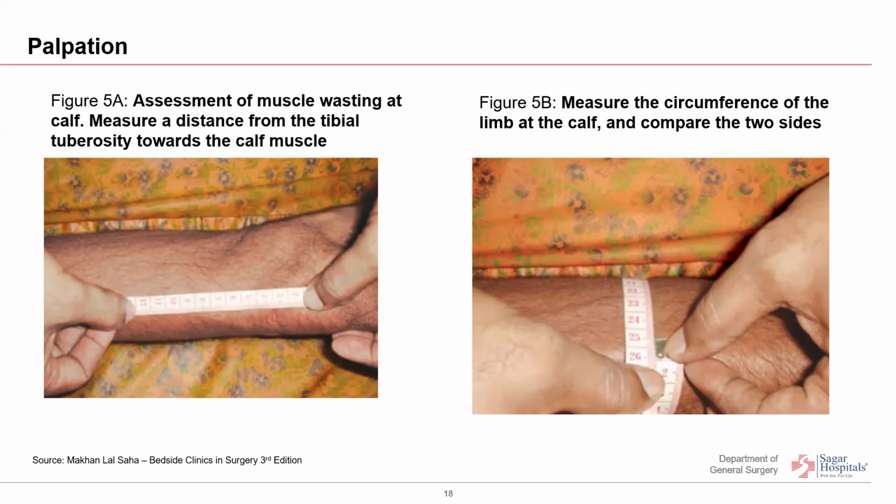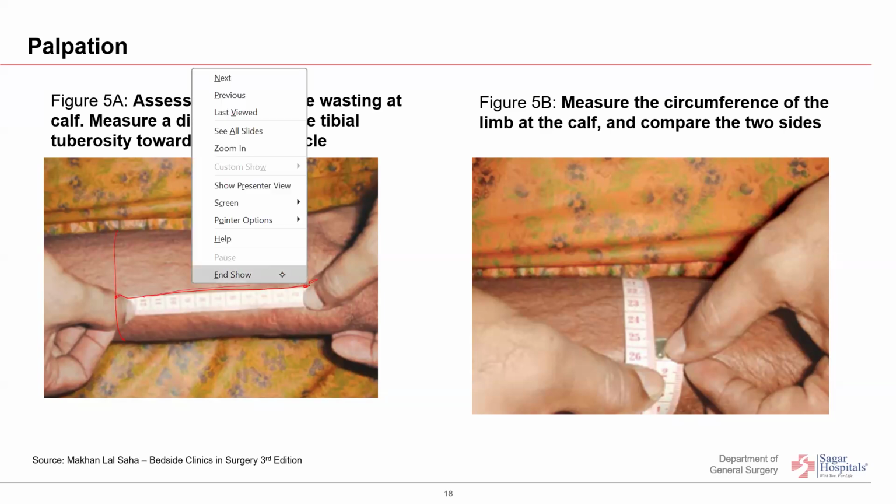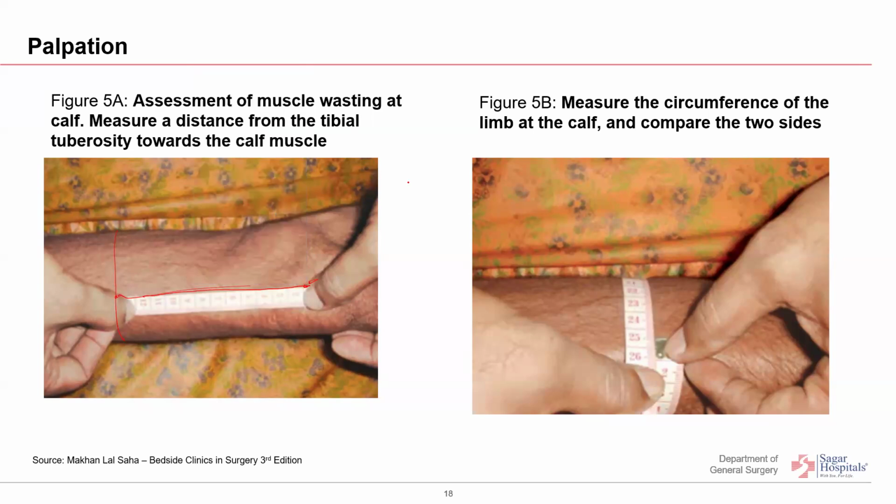Then from there, you measure the distance to the nearest bony prominence. Say, for example, the highest girth of the muscle is somewhere here. In the normal limb, you measure from here to the tibial tuberosity, and in the affected limb at the same distance, you then measure the calf muscle circumference. That's how you quantify the muscle wasting.